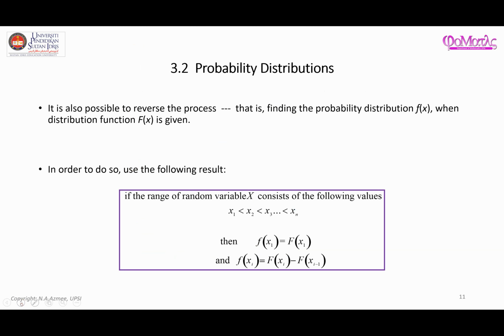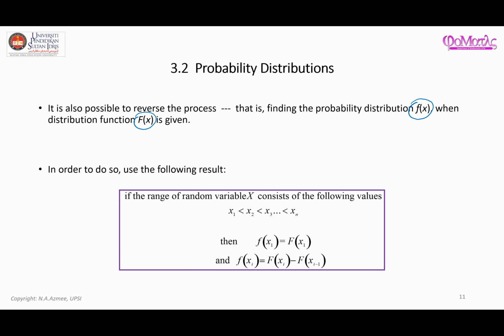Okay, now we're going to look at the reverse process. For example, you might be asked to find the probability mass function when the CDF, the distribution function, is given.